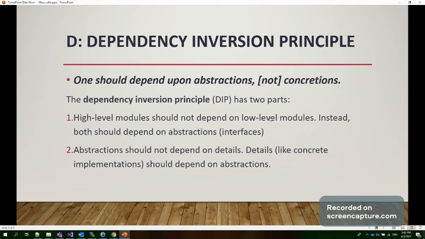The second important point is that abstraction should not depend on details; concrete implementation should depend on abstraction. Mean to say, you are always passing the interface instance into this, and you are not telling what this instance carries. This gives you the abstraction.